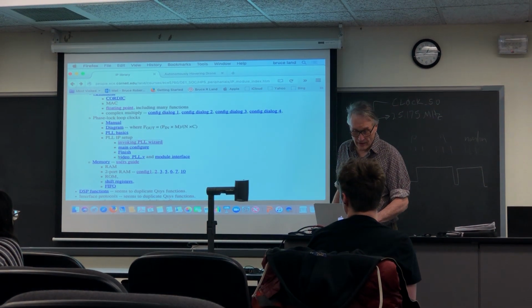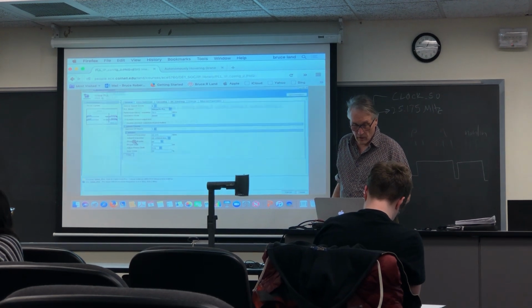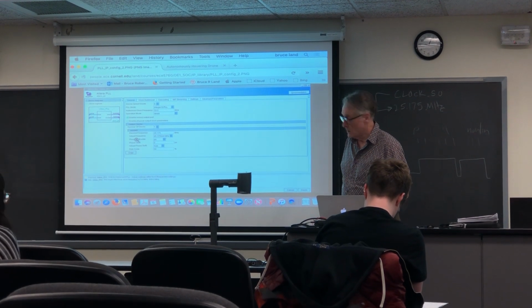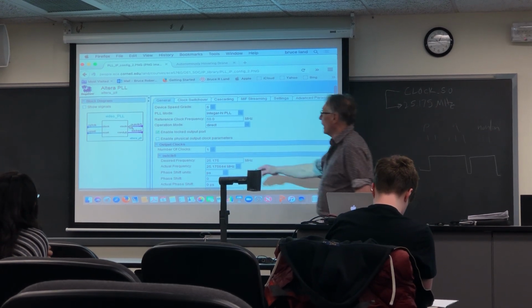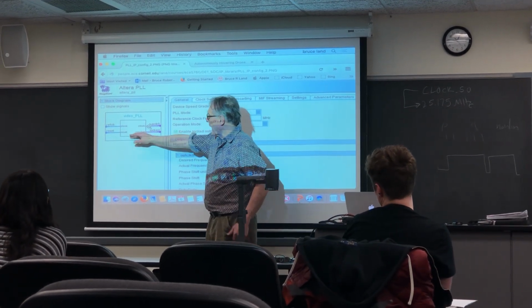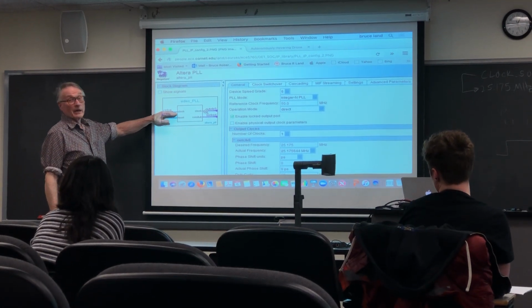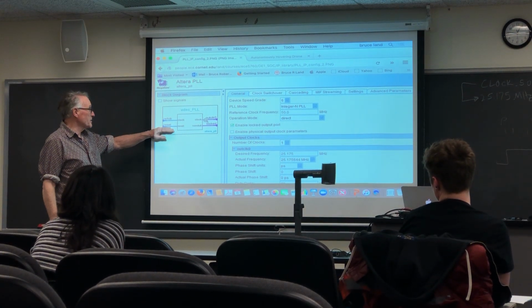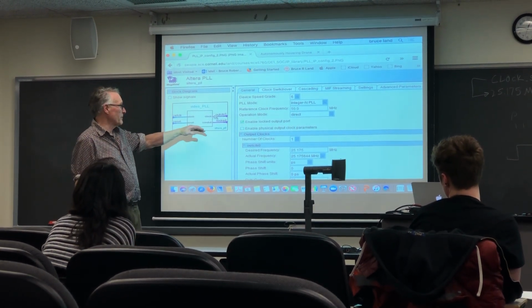Once you do that, then it opens up a dialog which gives you a lovely little image of the I/O lines from the video PLL. There's a reference clock, 50 megahertz. There's an optional reset, which you have to keep out of reset most of the time.